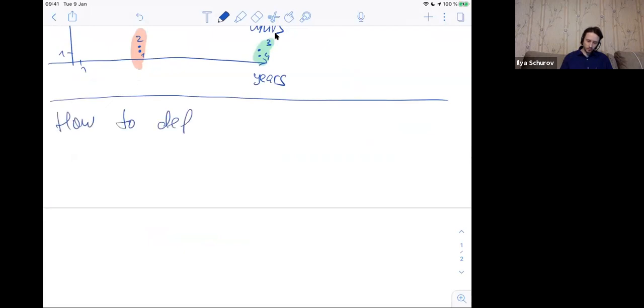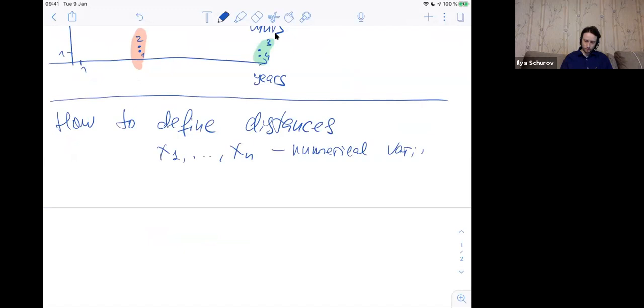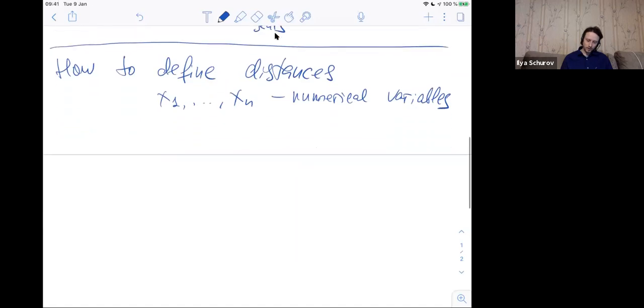If you have just numerical values, x1, x2, and so on, numerical variables, and I have 2 points, then how can I define distance between these points?